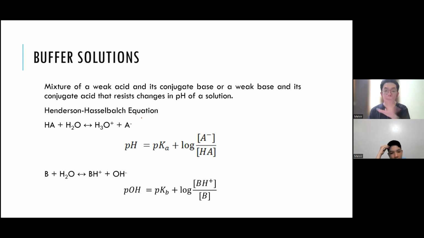Kailangan mo ng equilibrium so that you can have a balance, no? Kaya nga siya nagiging buffer kasi nagre-reach siya ng equilibrium eh. Because you can have a balance of your weak acid and its conjugate base or weak base and its conjugate acid.